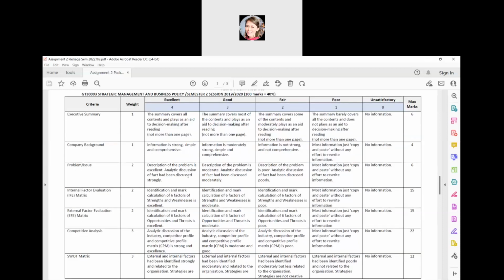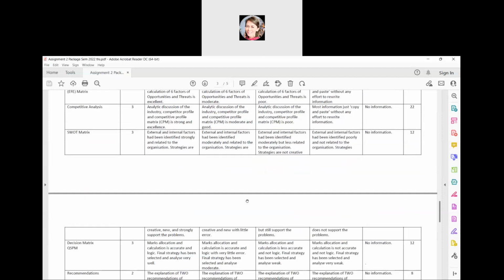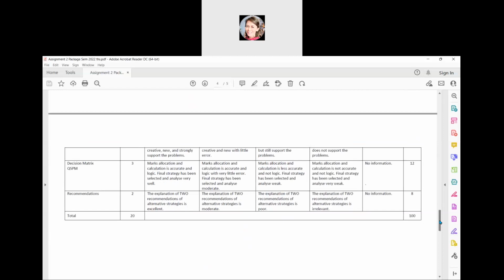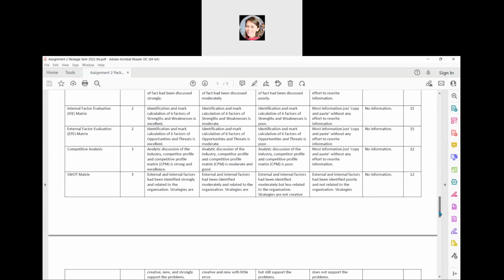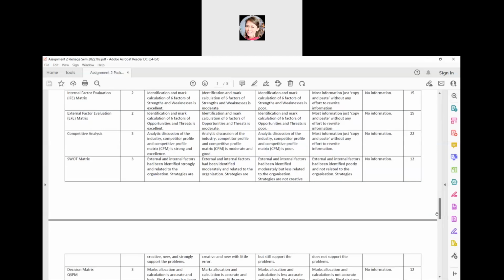You go ahead and read this, and you may also go through these materials with your group members. 100 marks altogether, translated to 40%.